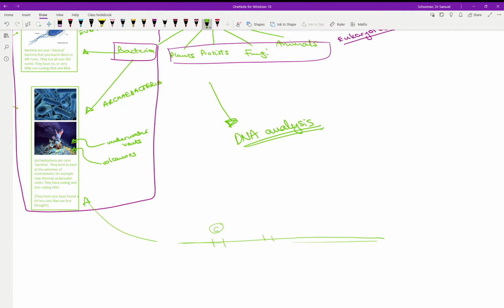So gene, gene, gene. And in between, they would have non-coding DNA. They'd have these stretches of A, T, C, G, etc., which didn't code for proteins, so they weren't genes. The one example you might have heard of is promoters. So this is non-coding DNA.